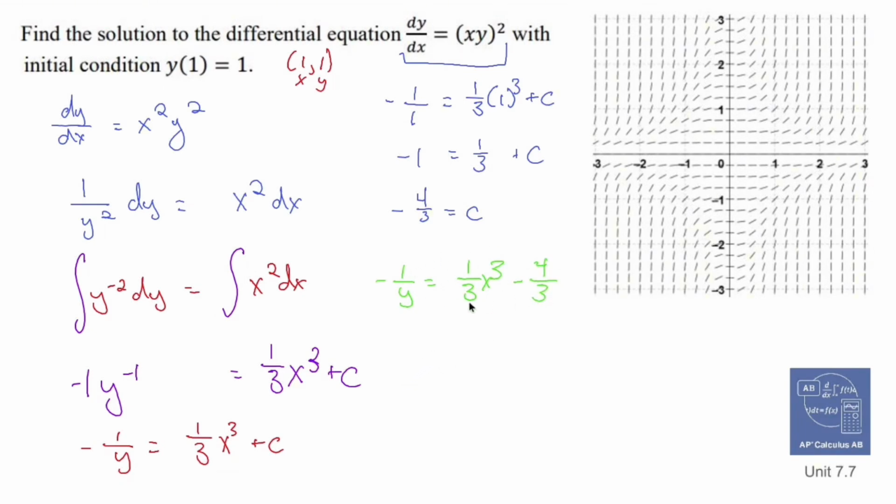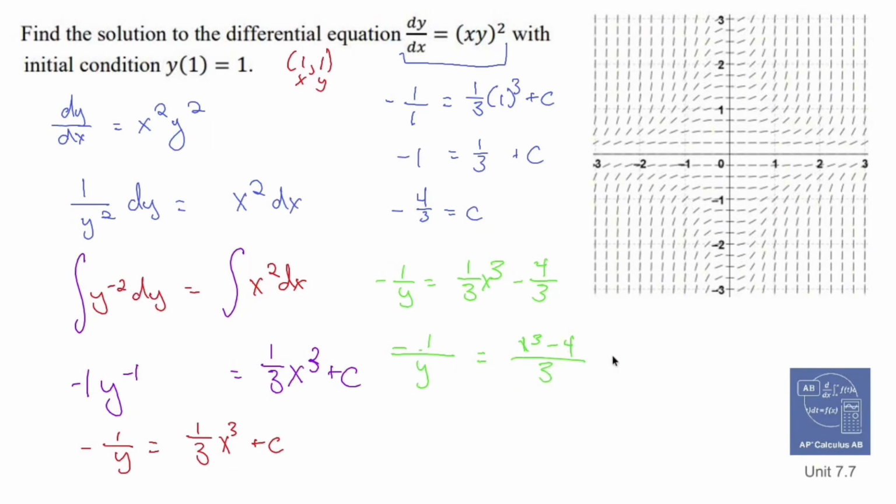Let's make this solved for y, make it better. Since both of these are over 3, what I can do is rewrite this guy. Let me rewrite a lot. Negative 1 I'm going to put on the entire top, and y on the bottom. I'm going to rewrite this as 1 times x cubed minus 4 over 3.